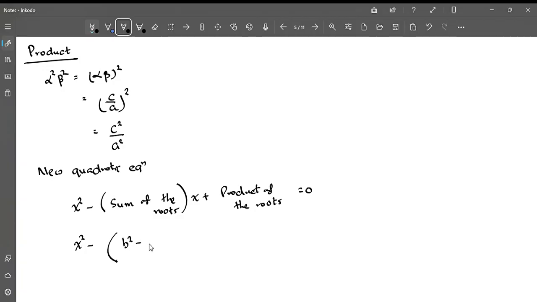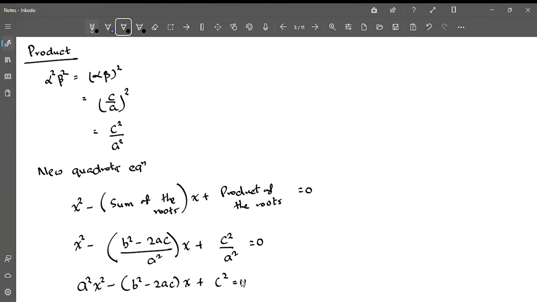Put a bracket, b squared minus 2ac over a squared x plus product of the roots, c squared over a squared, equals 0. Then cross multiply, in the sense don't keep a squared in the denominator. a squared x squared minus (b squared minus 2ac)x plus c squared equals 0. This is the new quadratic equation.